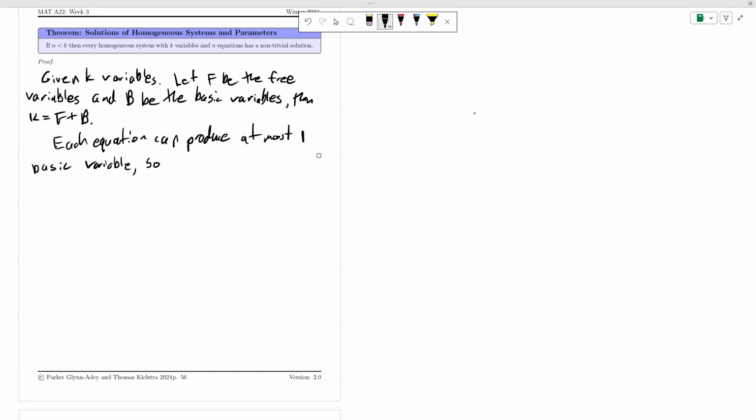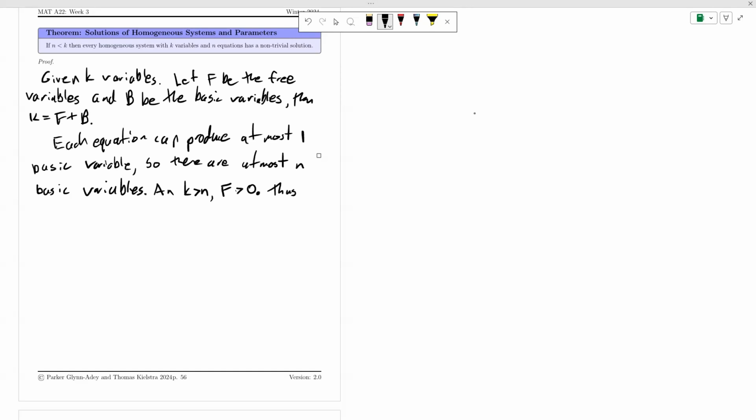So there are at most n basic variables. As k is greater than n, f is greater than 0.